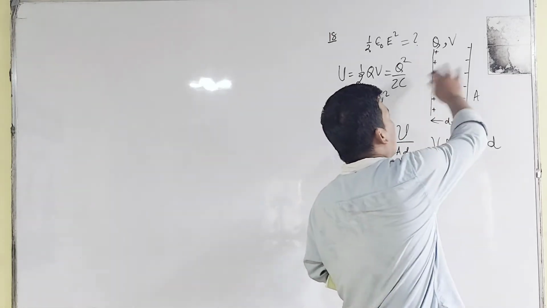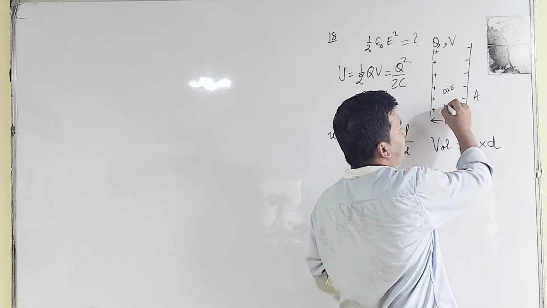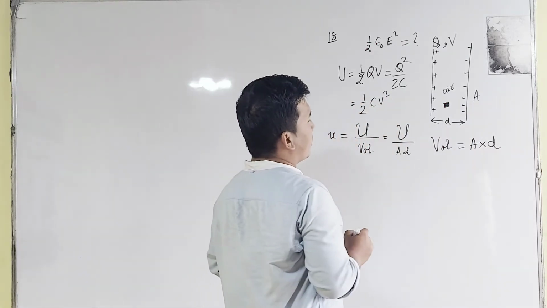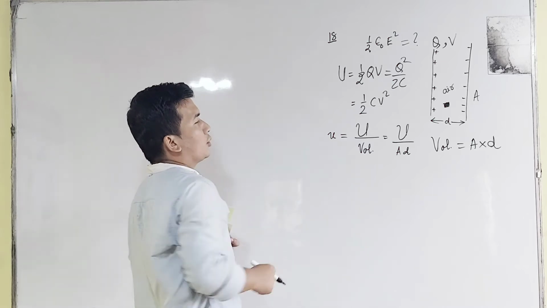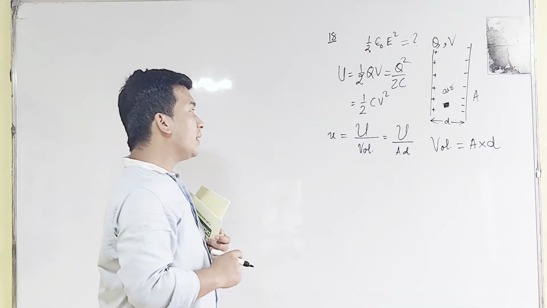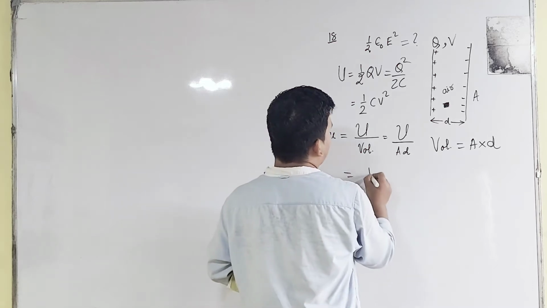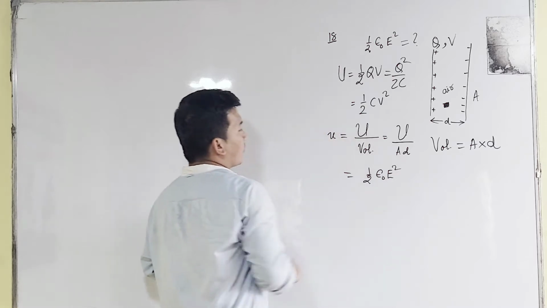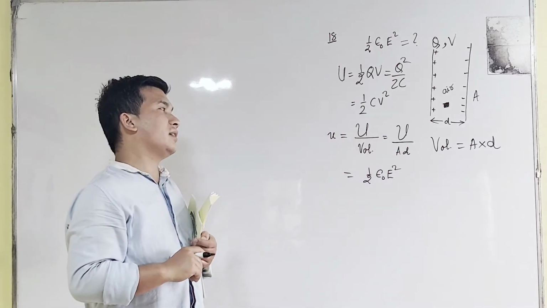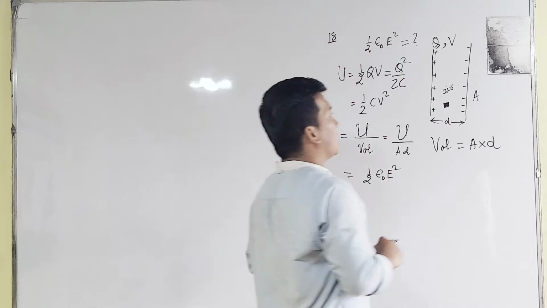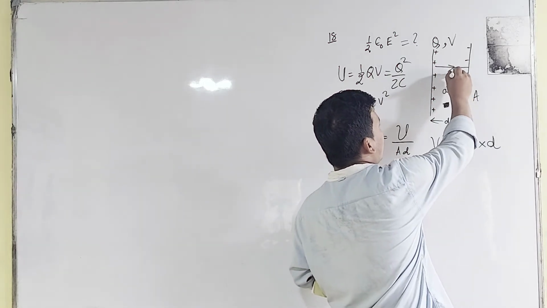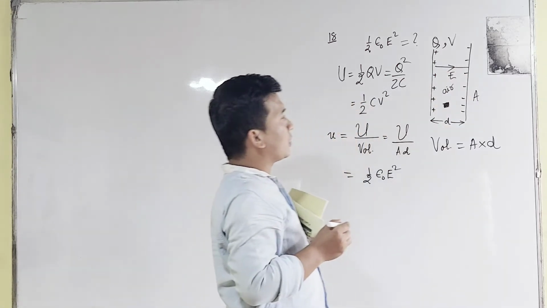If we consider the energy stored per unit volume, it is known as small u, and its value will be equal to half epsilon naught E square. The electric field moves from the positive plate to the negative plate. This is the electric field. Is that understood or not?